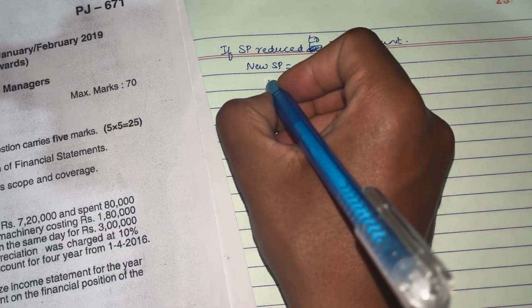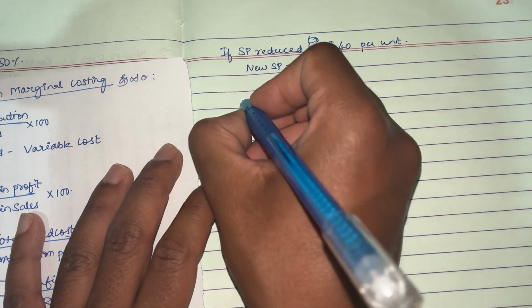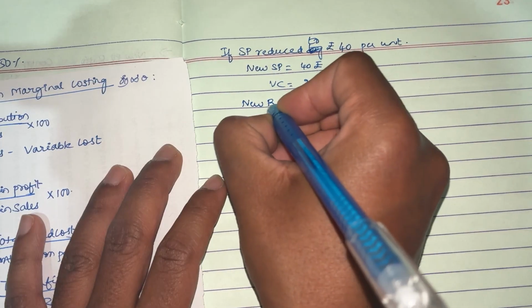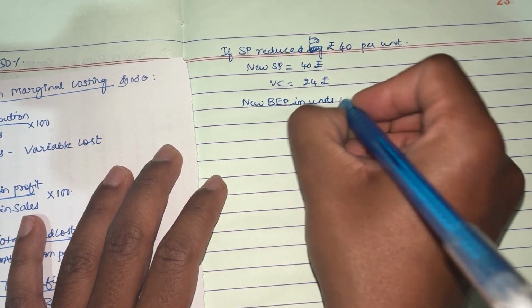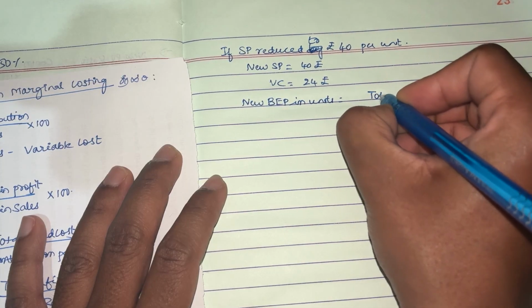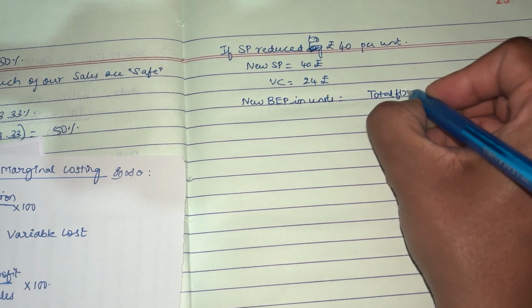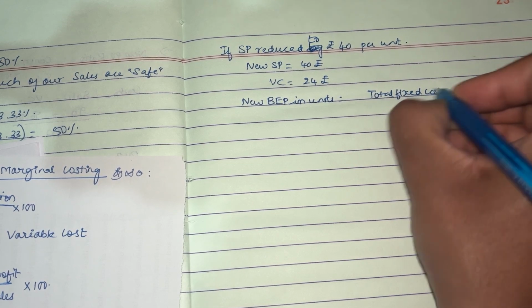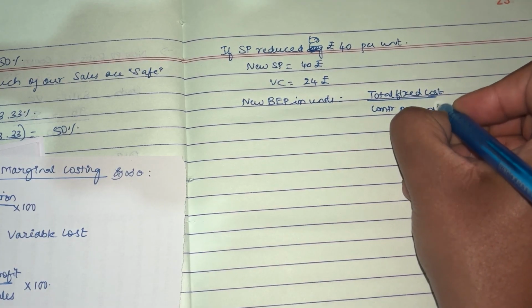Variable cost will be 24 rupees as given in the question. Now we need to calculate BEP in units and BEP in value. So new BEP in units, how do we calculate it? We have a formula: total fixed cost divided by contribution per unit.